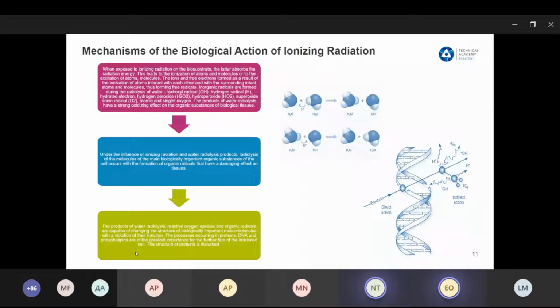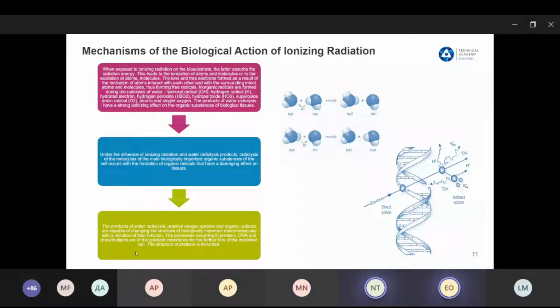For most cells of somatic tissues of animals and humans, interphase death is recorded at high doses of radiation, manifests itself in the form of various degenerative changes in the nucleus and cytoplasm, and occurs either directly under the beam or in the first hours after radiation.